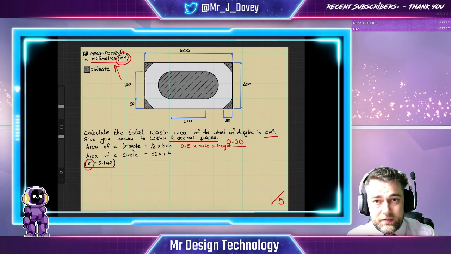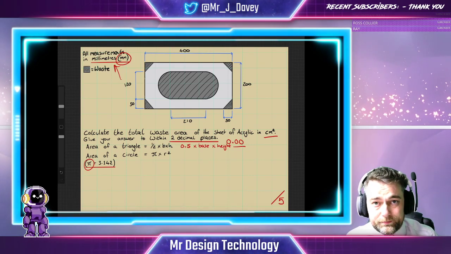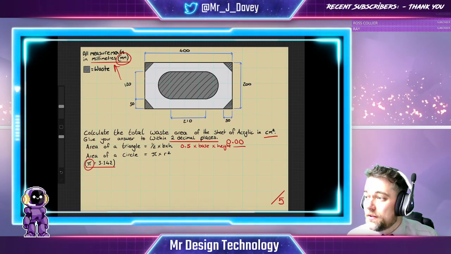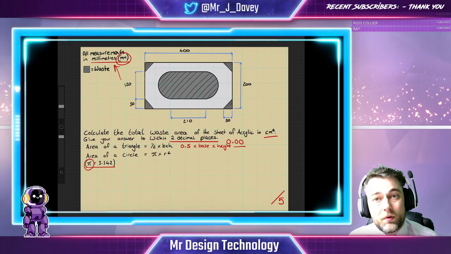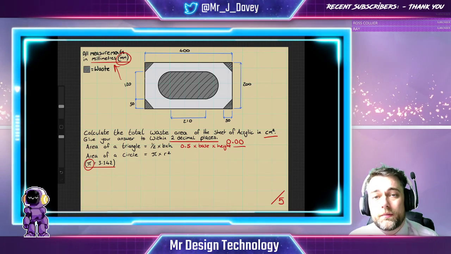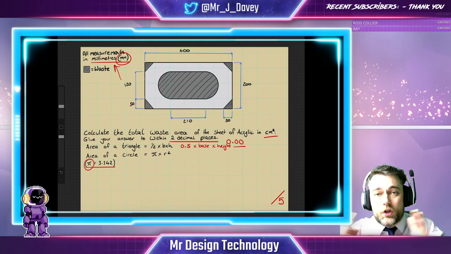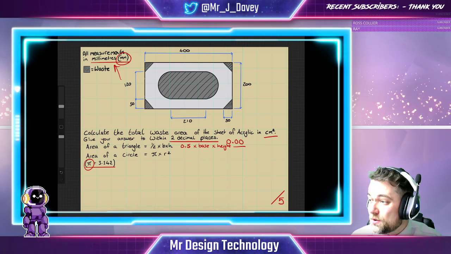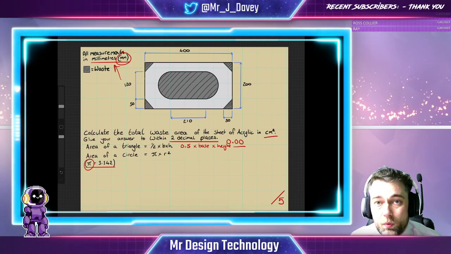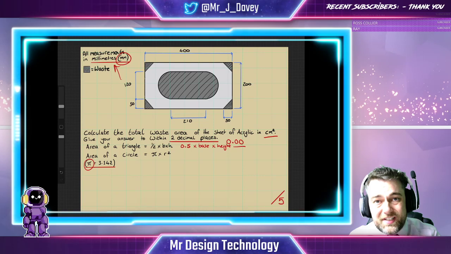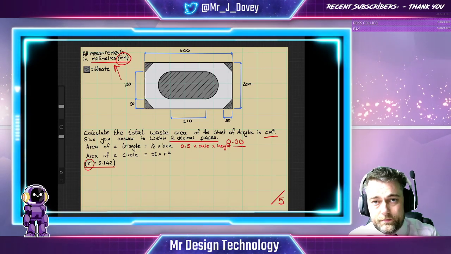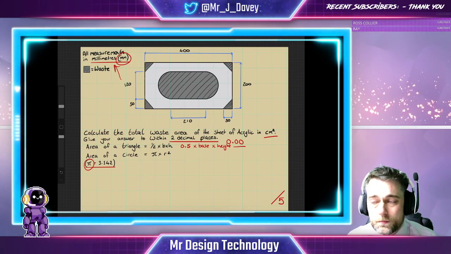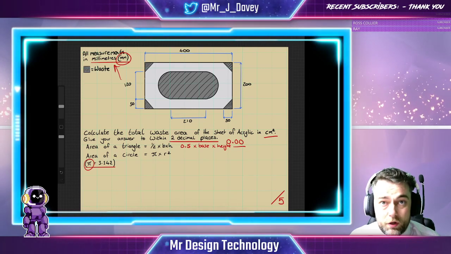Don't use the pi symbol in a DT exam. It's telling you in the exam that actually we're going to treat this as 3.142, not pi. Pi has a recurring number that's much bigger than that, and it will change your final answer. So keep pi as 3.142 or whatever your DT exam states it as. It should be 3.142.